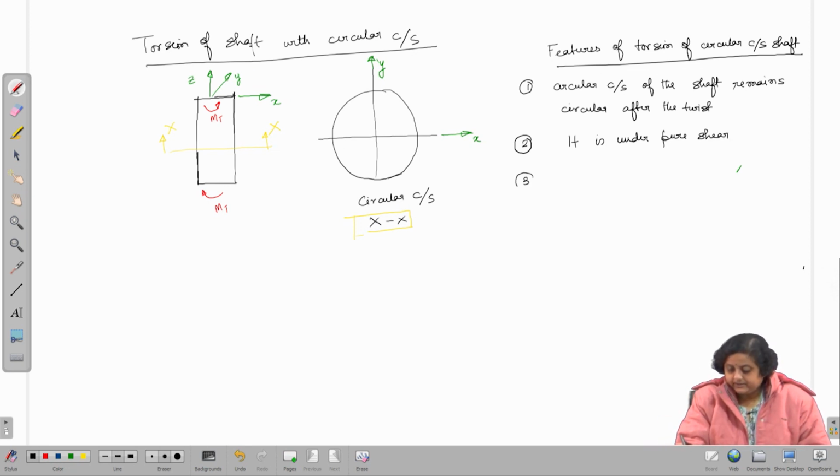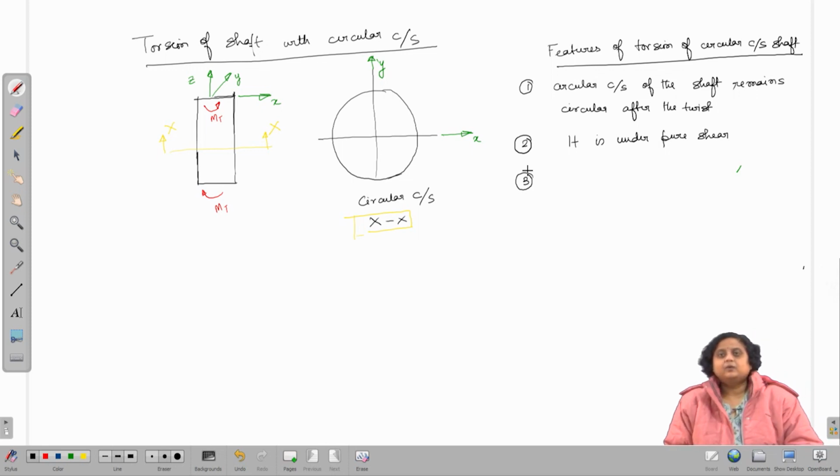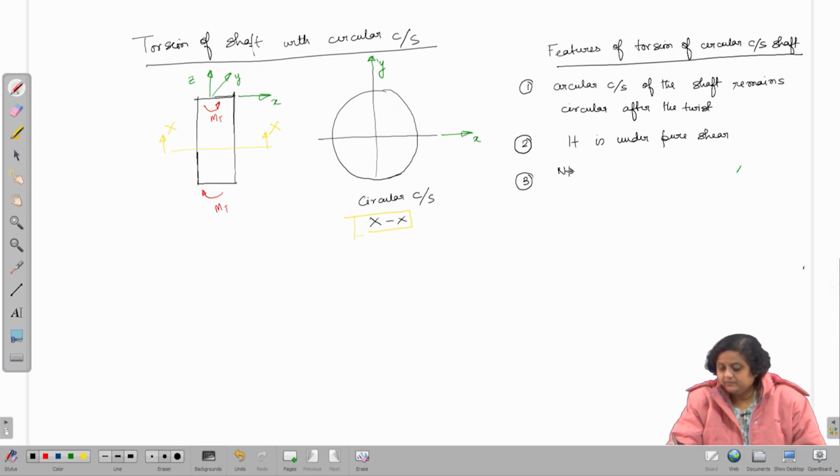The third point is that there would be no out of plane deformation of the cross section, or there will be no out of plane warping of the cross section.